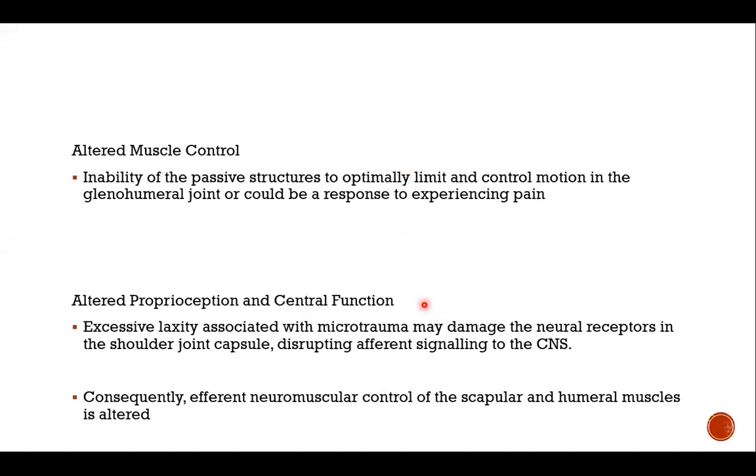Excessive laxity, which is the virtue of MDI, causes microtrauma, which may damage the neural receptors in the joint, disrupting afferent signaling to the CNS, and hence efferent signal is also disrupted, affecting the neuromuscular control of scapular and humeral muscles.